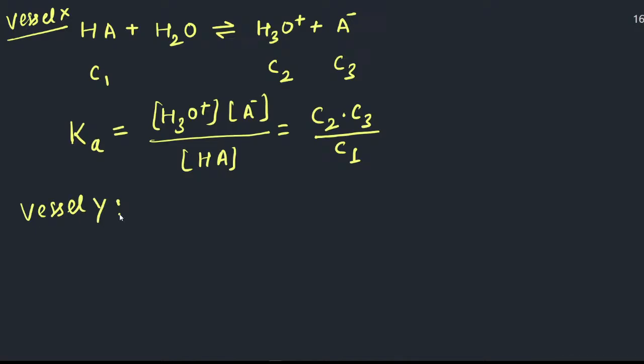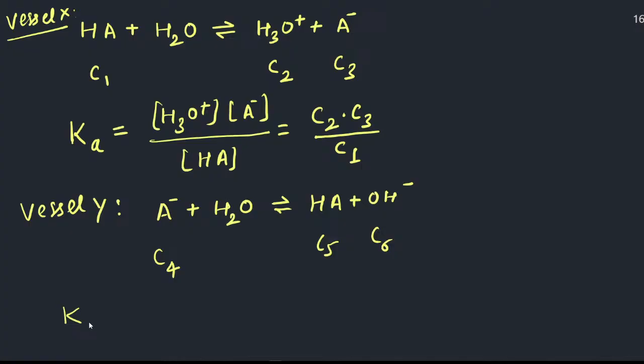Now vessel Y: A negative plus H2O to give HA plus OH minus, with concentrations C4, C5 and C6.